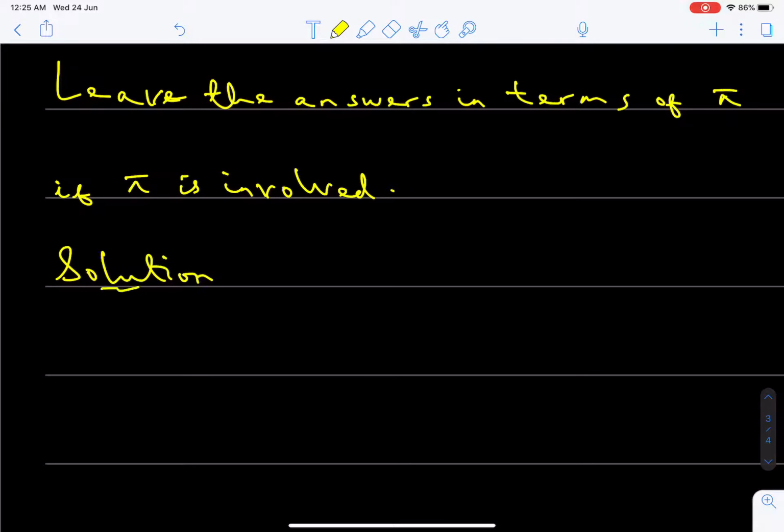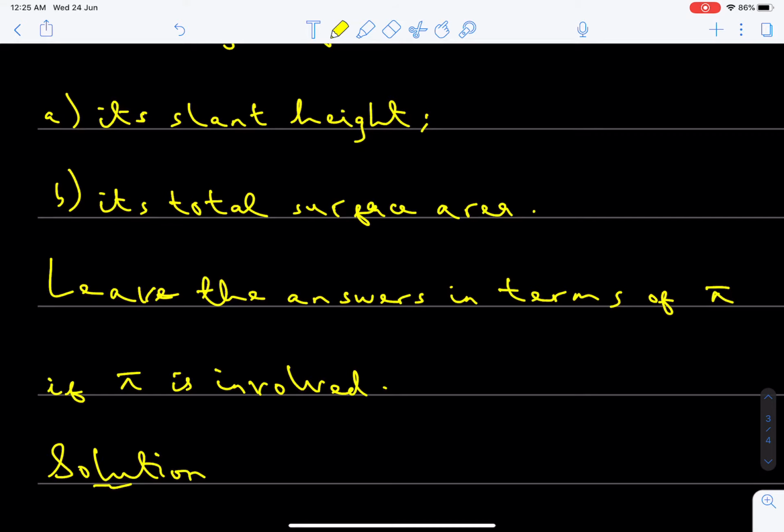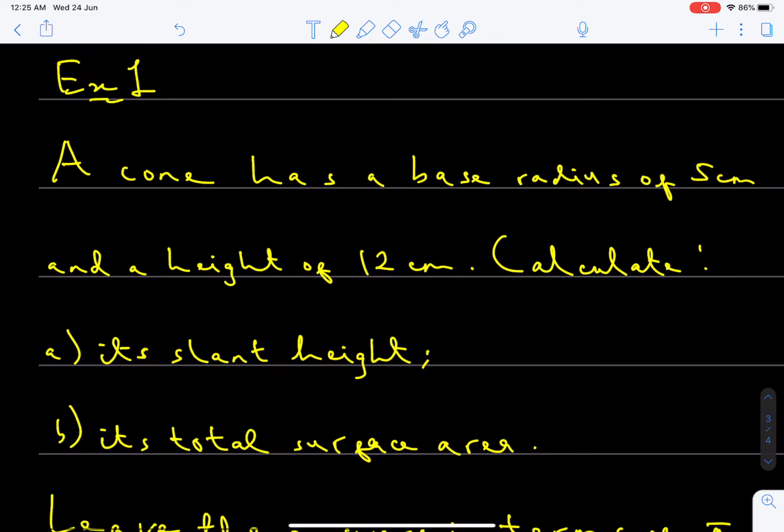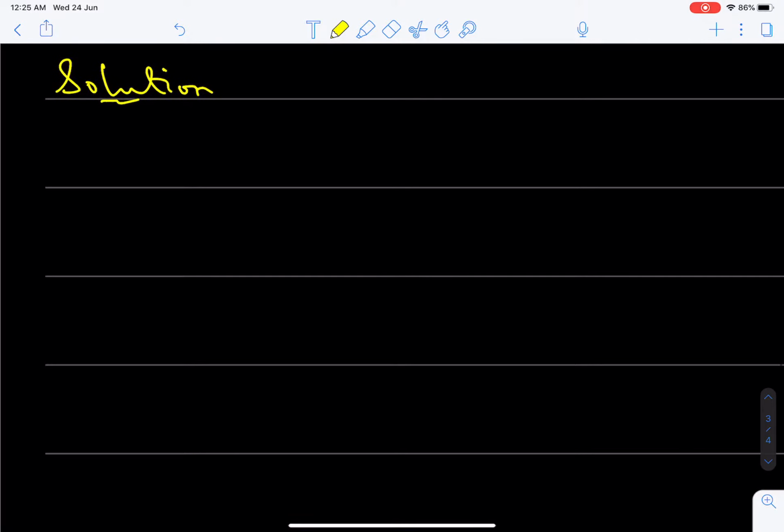Solution. A cone has a base radius of 5 centimeters and a height of 12 centimeters. Calculate A, its slant height, and B, its total surface area. That's a piece of cake. Let's take that. This is a sketch of a cone.